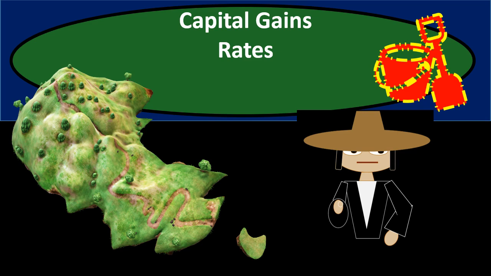Why would that be the case? There's a couple different arguments for why that might be the case. One is that the capital gains could have happened over a longer period of time. For example, if we sold land that had accumulated over a number of years, the capital gain that we have on the sale of the land really represents gains over multiple time periods.